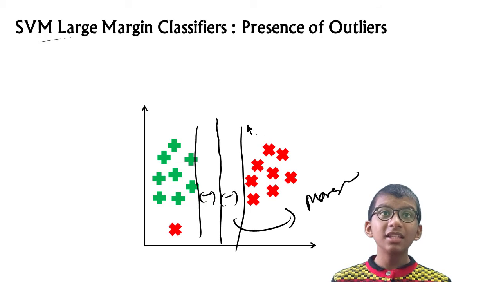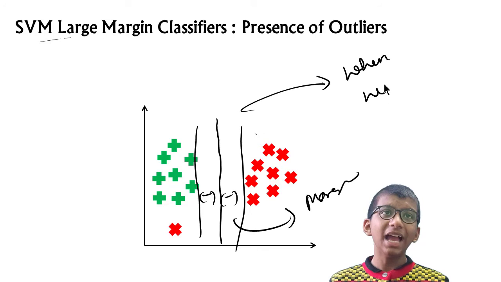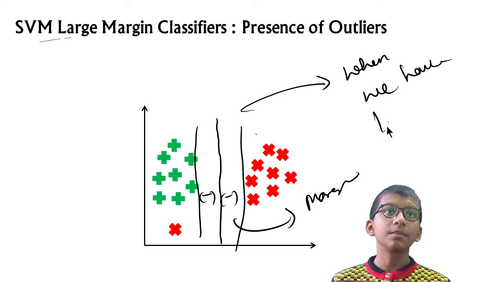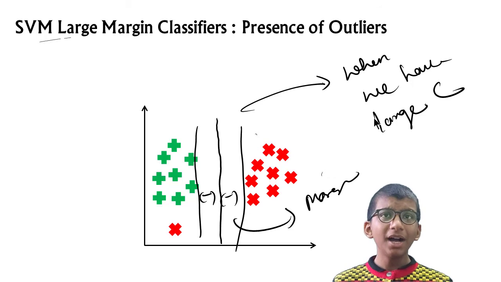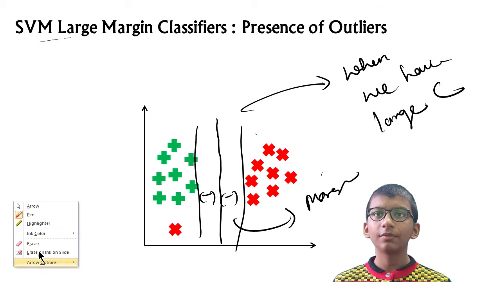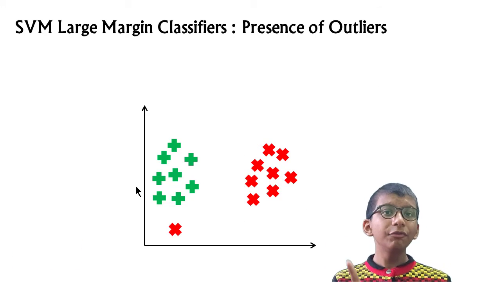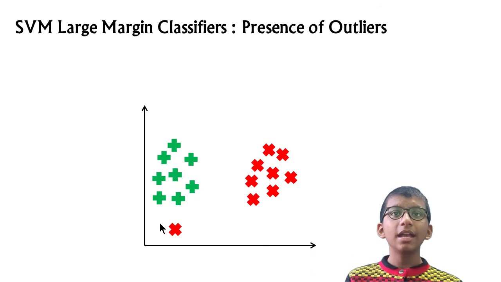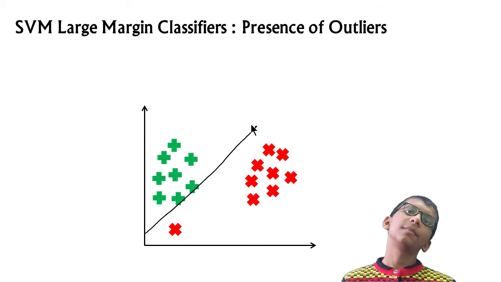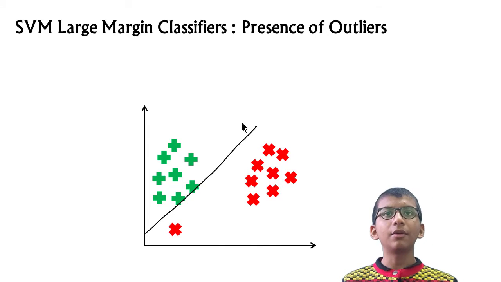But this is the case when we have a large C, which is a regularization parameter. If we reduce or decrease C, it will go something like this. This is the decision boundary.